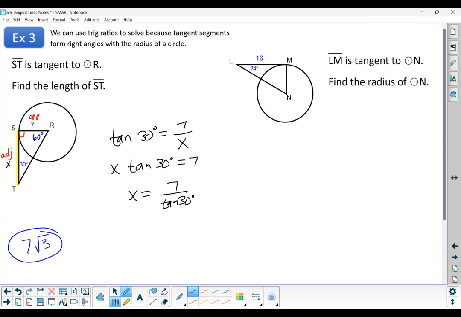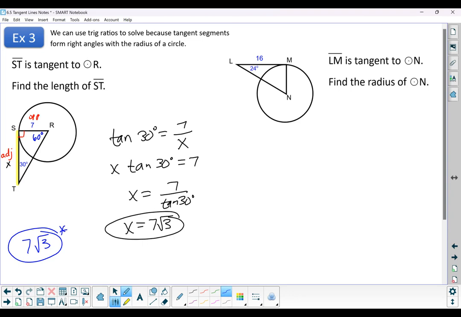And if we do 7 divided by the tangent of 30 degrees, we get 7 root 3. So either way, we get that same answer. It's nice if you know your special right triangles to be able to do it a little quicker without writing out a formal equation. But either way, you get the same answer.